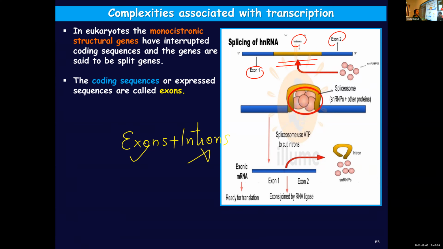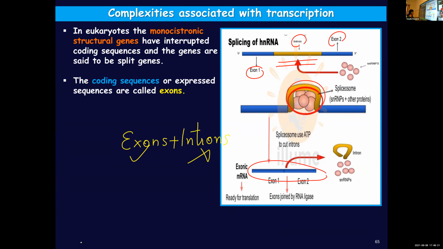So what is to be done? What is shown in blue color are only required. What is seen in yellow color are not required. They are interruptive sequences. So in the second step, you can see that is being removed and only exons are being joined together. So the unwanted sequences are removed and the required sequences are joined together.